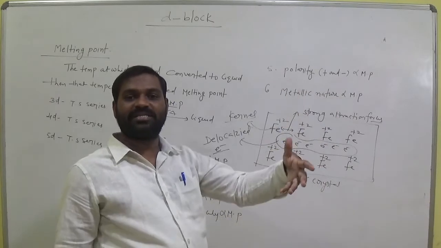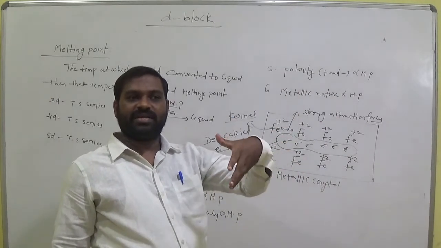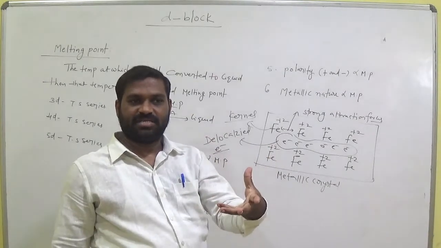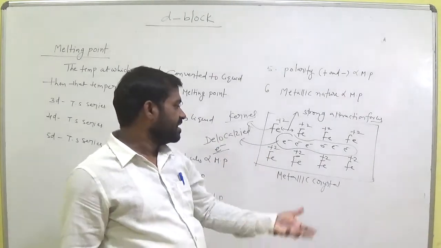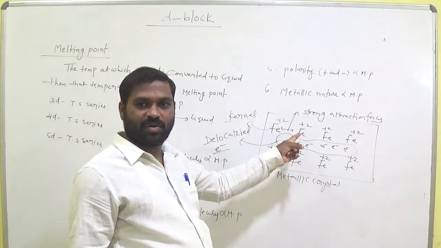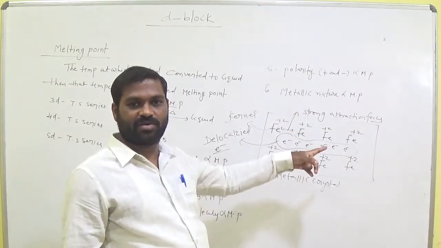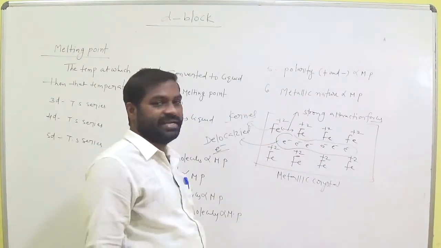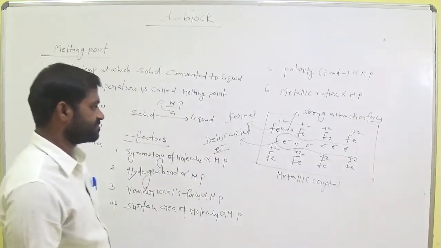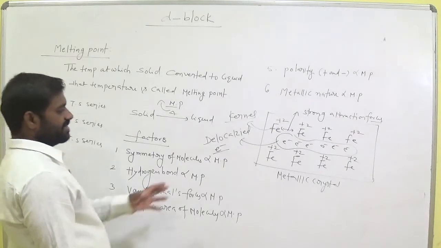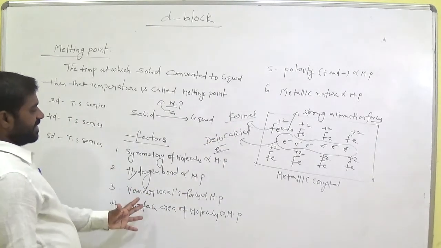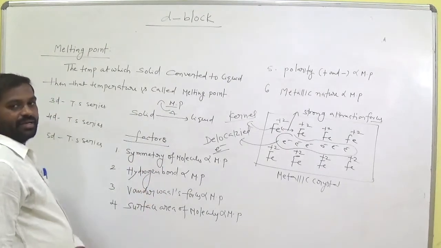More melting point means a solid material converted to liquid needs more heat energy. So if the bond is a metallic bond, to break that bond we offer more heat energy. It consumes more heat energy, so it has more melting point. In metallic bonds, the bonds are very strong, so these factors increase the melting point.